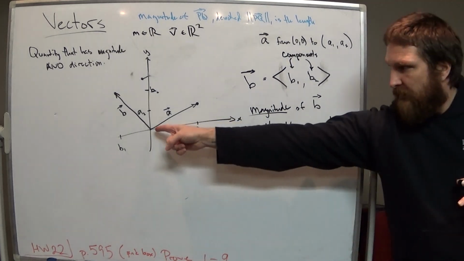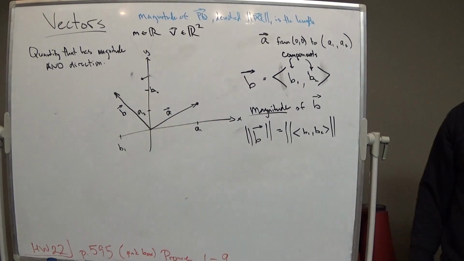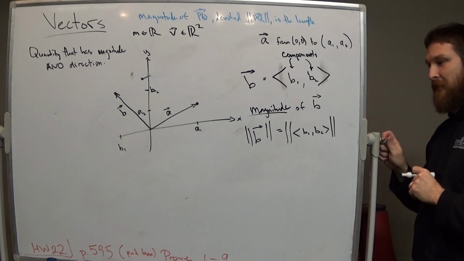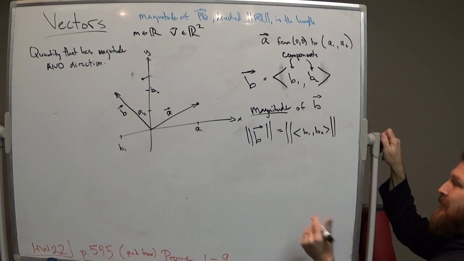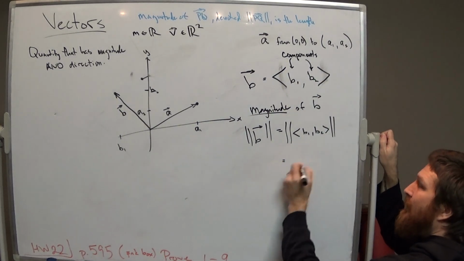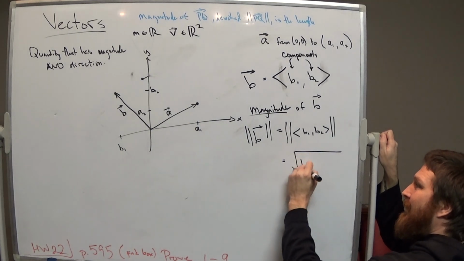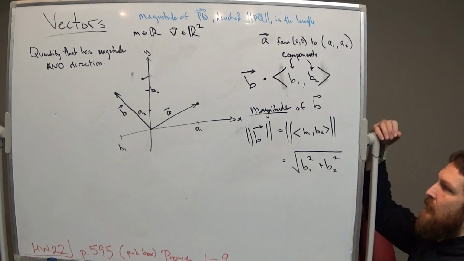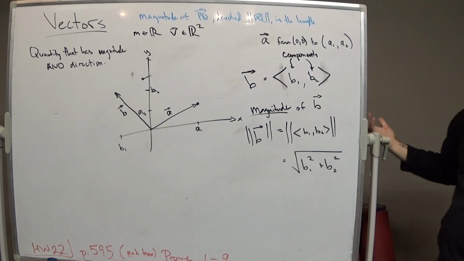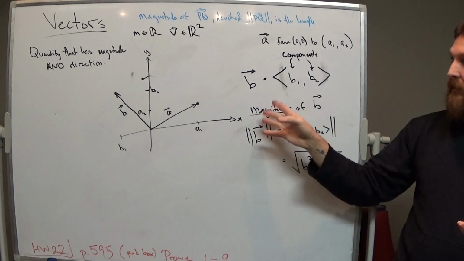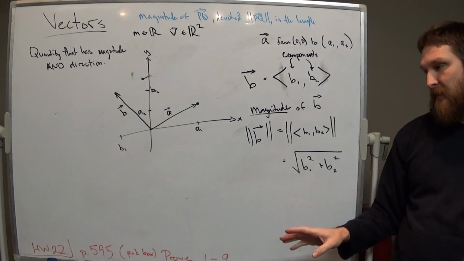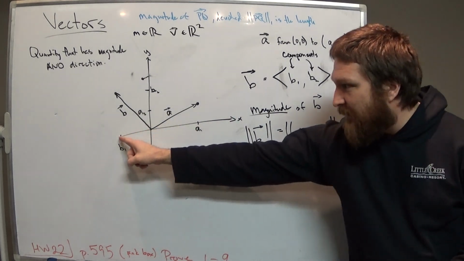How do I find the length of that? What would it be? The square root of b1 squared plus b2 squared. There you go. That's it, right? It's just the Pythagorean theorem. It's literally the length. The magnitude is just the length. It's that easy, okay? And you can see this is a nice little right triangle.